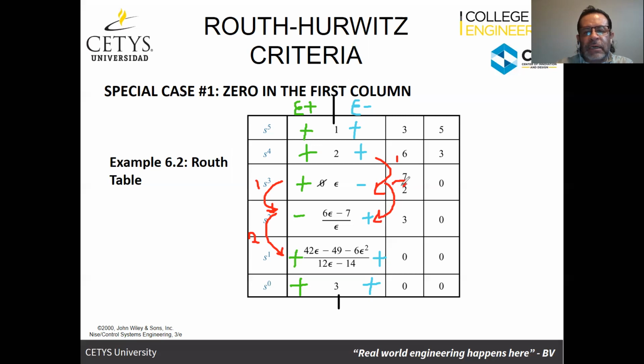So that means that we've got 2 roots on the right-hand side, and that would mean that this system has at least 1 root on the right-hand side. That means that it is an unstable system.